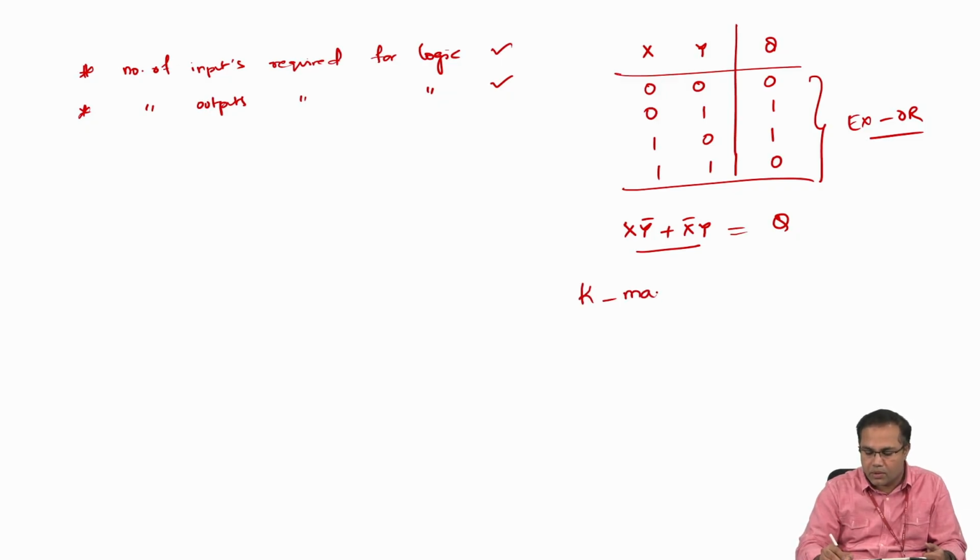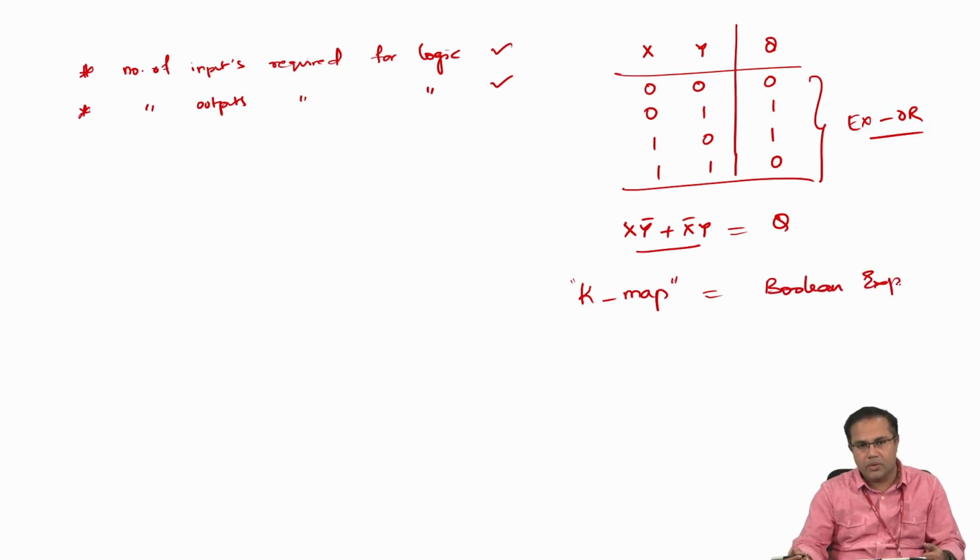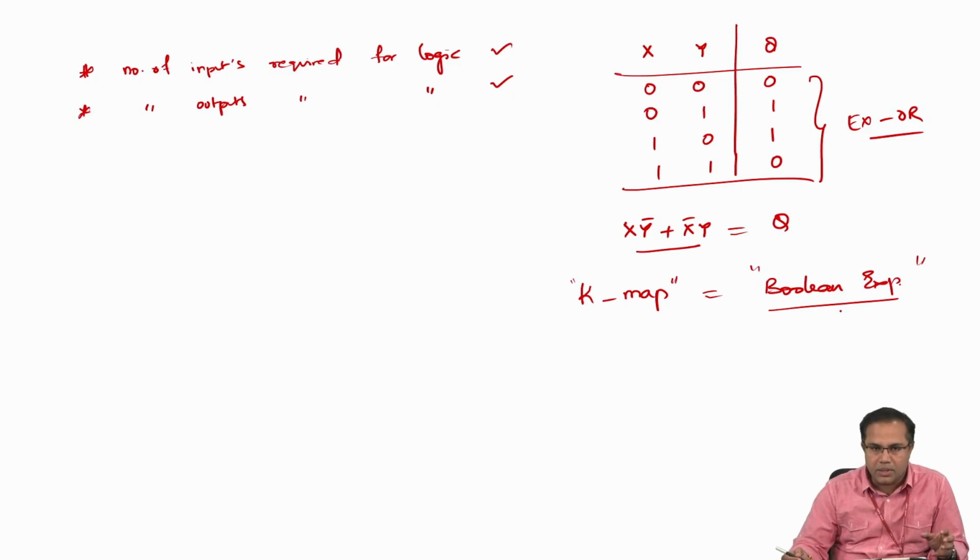Using the Karnaugh map, you can draw the map, make the groupings, and from the groupings finally extract a Boolean expression from the logic. Understood? Once you get the Boolean expression, you are good to go. You can convert this Boolean expression into the ladder logic. This is just an idea that I'm giving you, that you can create any combinational design in ladder logic. Understood?